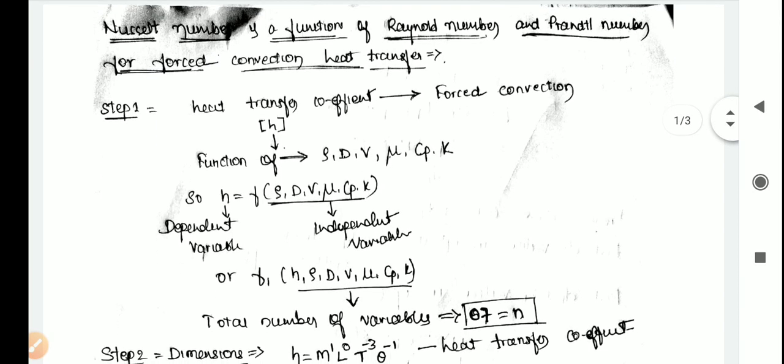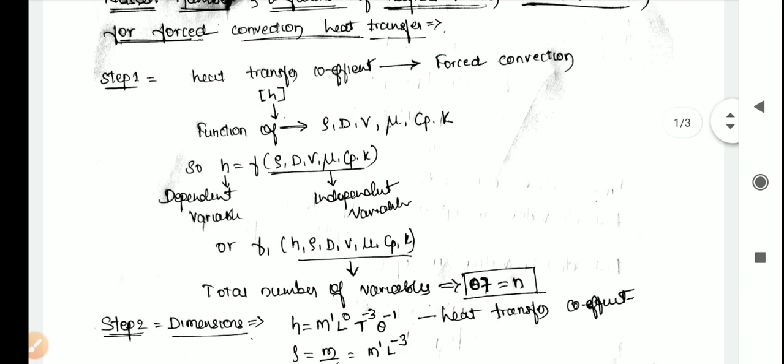Okay, heat transfer coefficient h is a function of rho, d, v, mu, cp and k, right? Rho is a density, v is a velocity, mu is a dynamic viscosity, cp is specific heat, k thermal conductivity, right? So h is a function of rho, v, d, mu, cp and k, right?